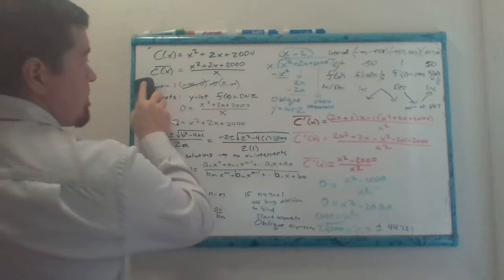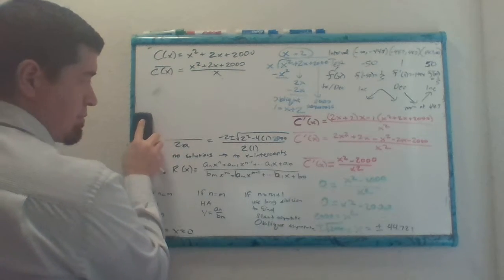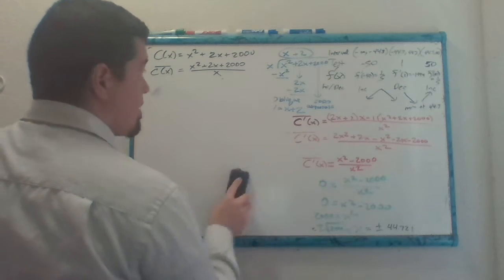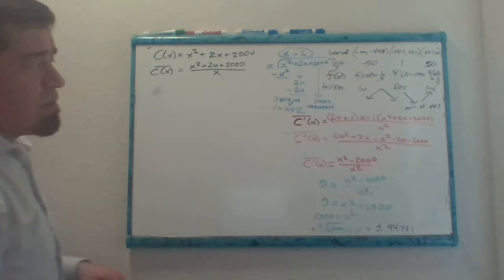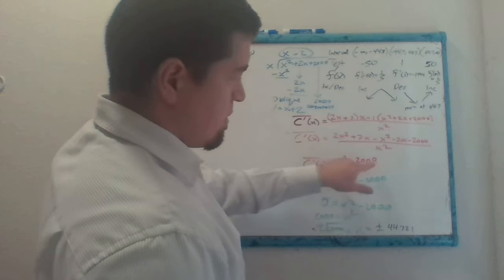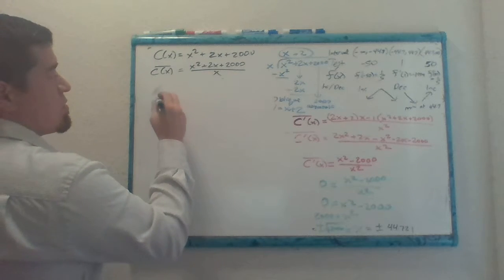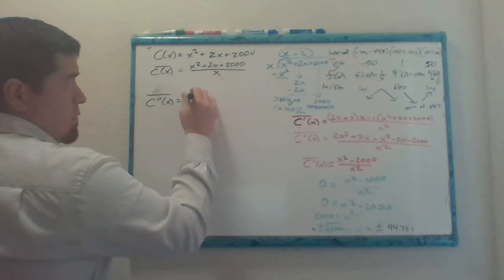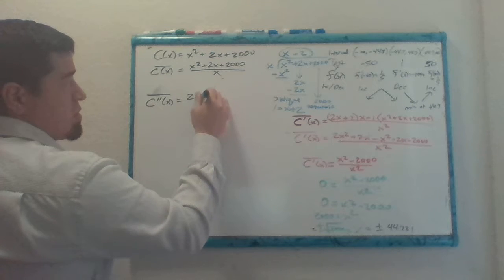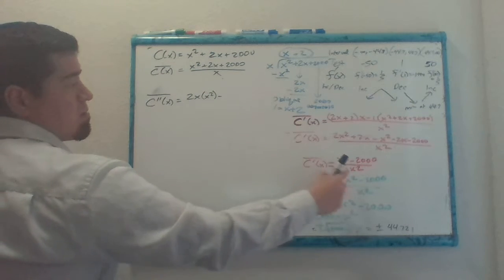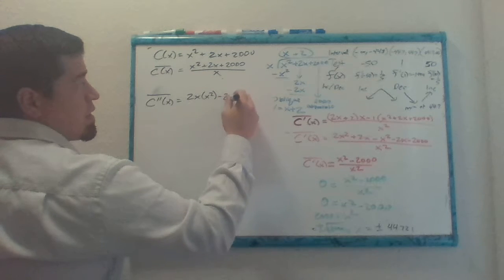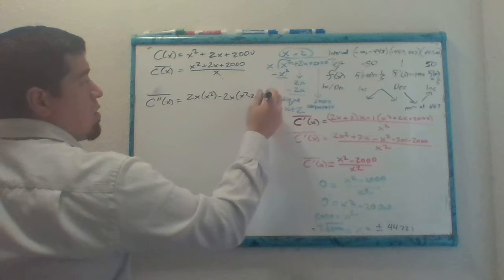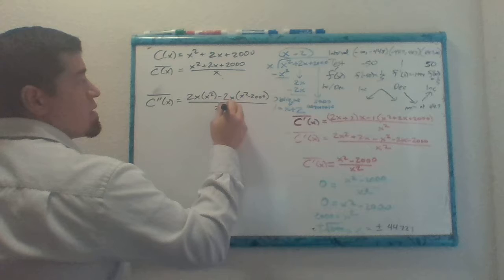We're going to get our second derivative. Okay, so for our second derivative, we'll just start from here. Derivative of the first times the second unchanged. So derivative of x squared, which is 2x, times the second unchanged, which is x squared, minus the derivative of the second, which is 2x, times the first unchanged, which is x squared minus 2000, over the second squared.